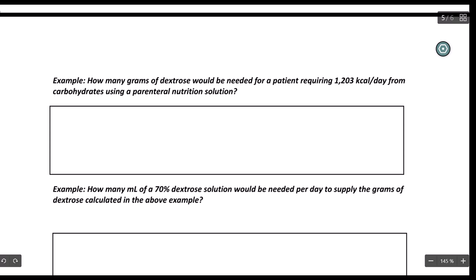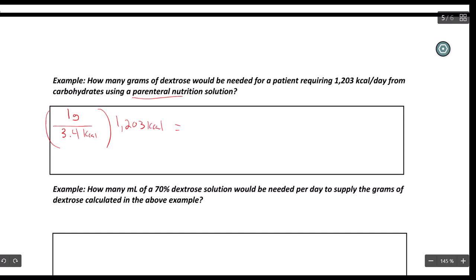We know that parenteral dextrose gives us 1 gram of dextrose gives us 3.4 kilocalories. If it was given by mouth, it would be 1 gram giving us 4 kilocalories. And this is 1 gram gives us this amount of kilocalories. We want 1,203 kilocalories.